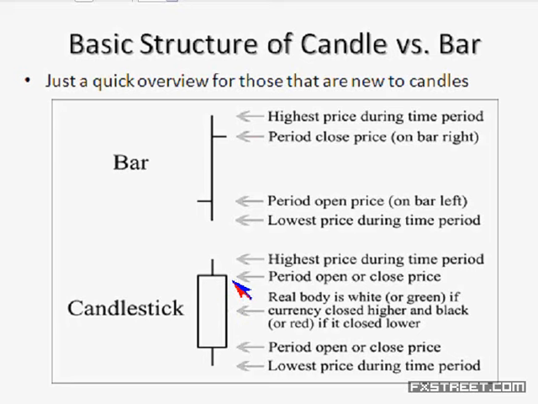Now, if it's a bearish candle, which means the net movement of price action within that candle is down, then that color is usually black or red. The way I have it, and I'll show you in a minute on my charts, is green candles as bullish candles and red candles as bearish candles. Okay, so that's the basic structure of a bar and candlestick, and once again, same basic information, just a different visual representation.